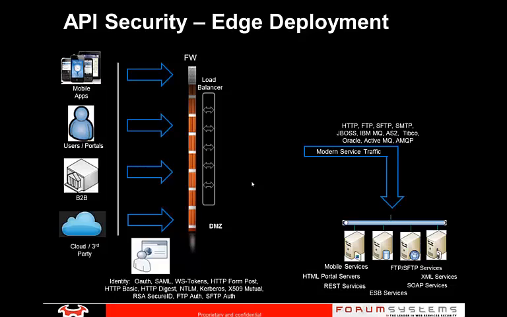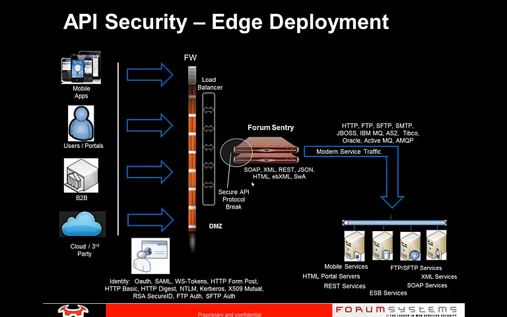Fundamentally, the role of the gateway in this topology is to present those APIs to those consumers in a way that securely enables that business transaction, those business flows.